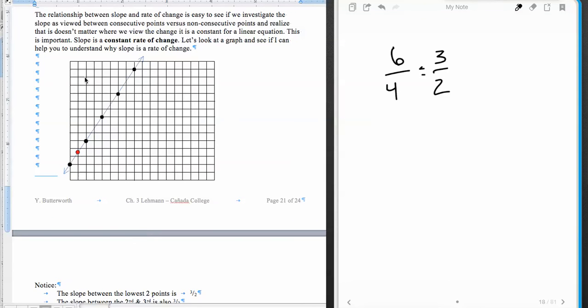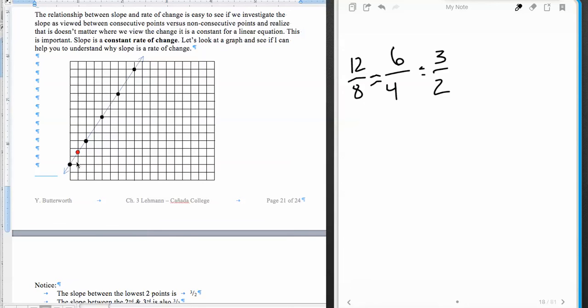And we could show that all the way up the number line, including this last one, which is 12 over 8. If we divide both of those by 4, and voila, we get 3 halves again. So the slope is either the 3 halves or the additive property, which gets us from one point to one that's quite a few beyond the next consecutive point.